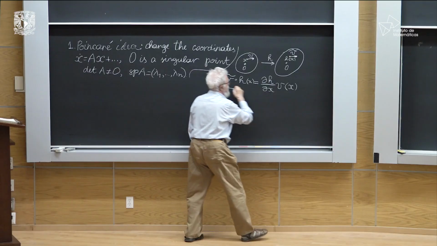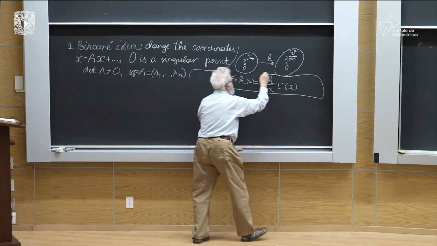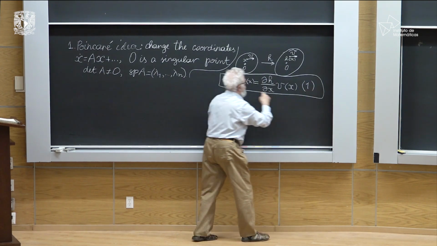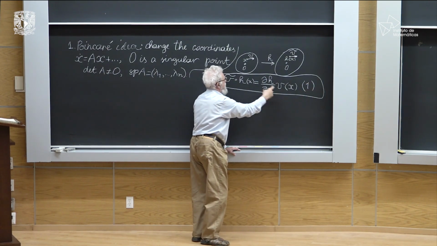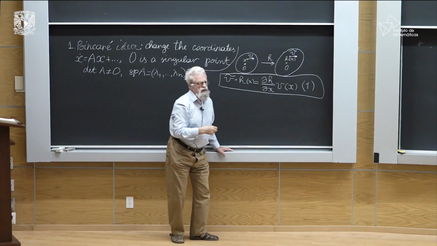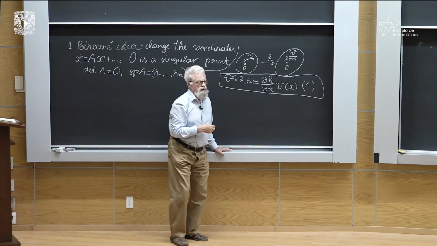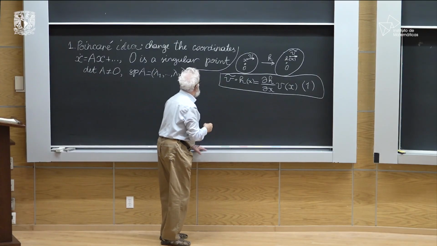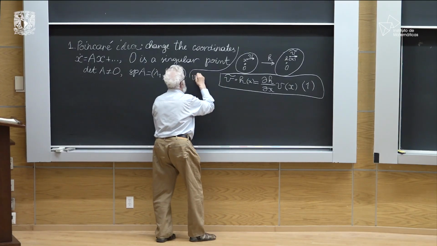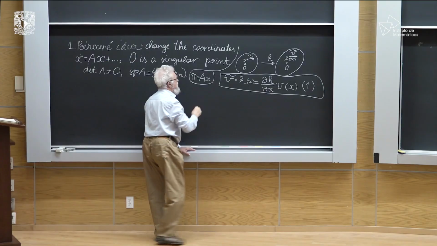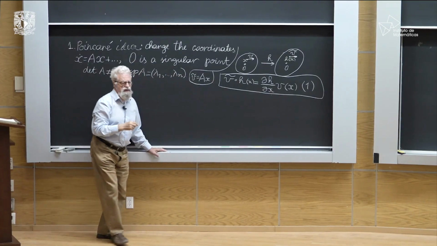So this is an equation. V is given and V tilde is required to be simpler. And the first case is V tilde equal to Ax, when we can linearize the equation.